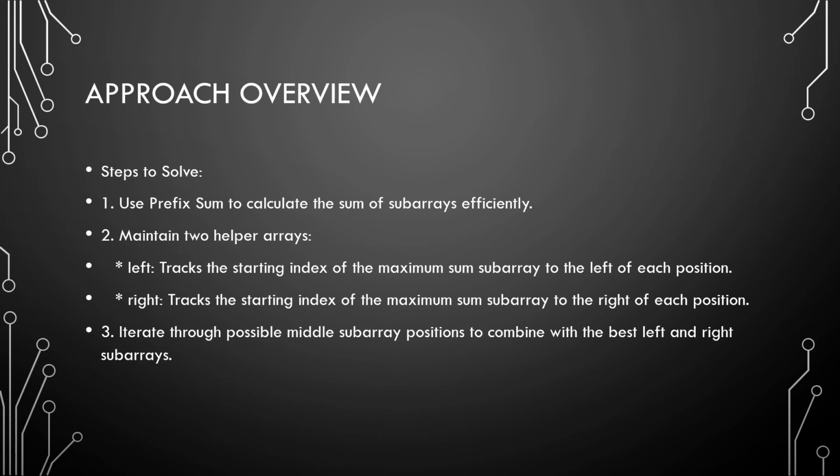The right array tracks the index of the maximum sum subarray to the right. Finally, we will iterate through potential middle subarray positions to combine with the best left and right subarrays.